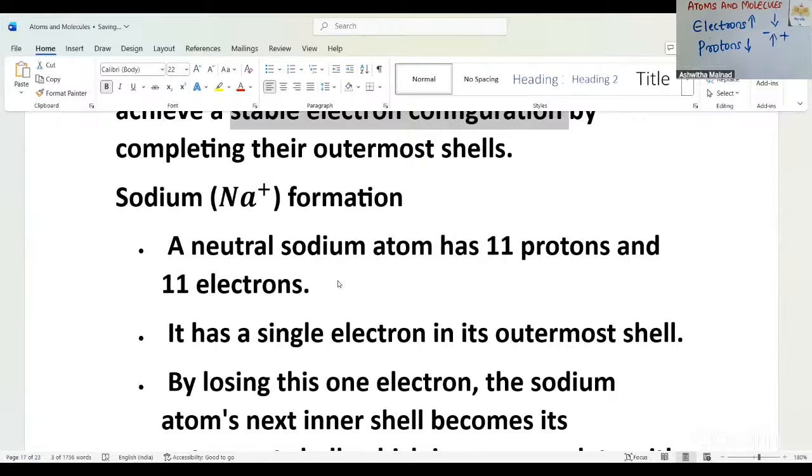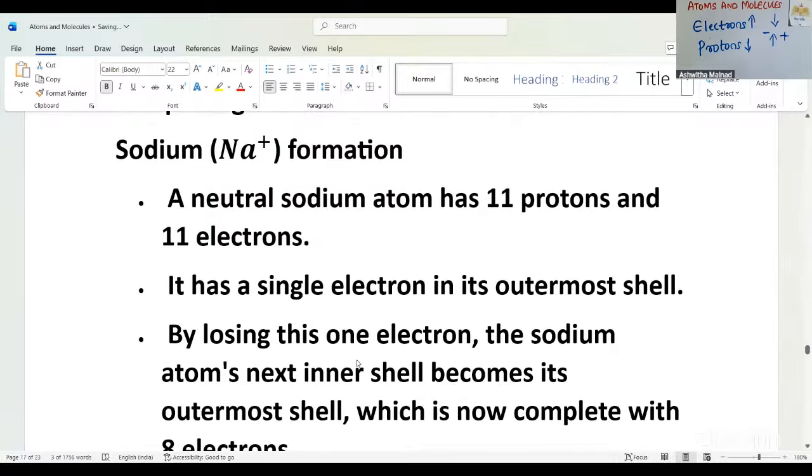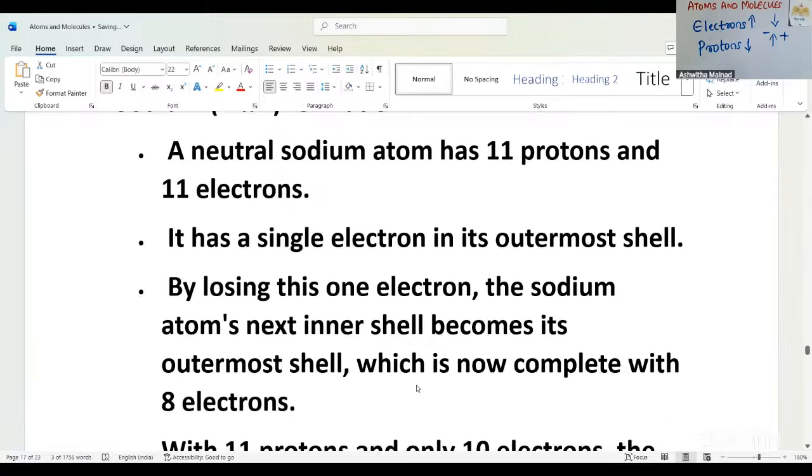So here, a neutral sodium atom has 11 protons and 11 electrons. It has a single electron in its outermost shell. By losing this one electron, the sodium atom's next inner shell becomes its outermost shell, which is now complete with 8 electrons.